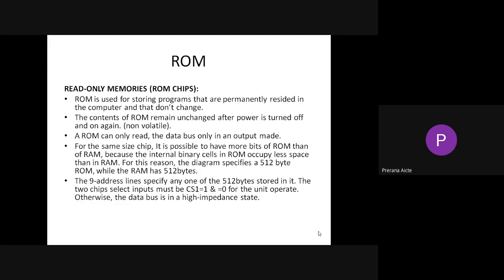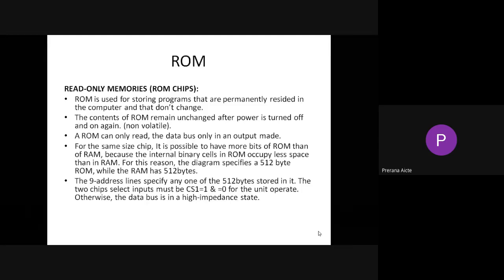For the same size chip, 128 by 8, it is possible to have more bits of ROM than of RAM, because internal memory cells in read-only memory occupy less space than in random access memory. For this reason, the diagram specifies a 512-byte ROM.